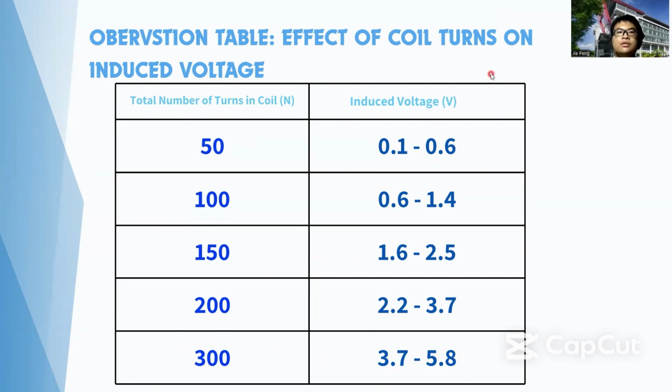This proves Faraday's law of electromagnetic induction, which states that the induced EMF is directly proportional to the rate of change of magnetic flux and the number of turns in the coil. The results confirm that a coil with more turns can generate a higher voltage when exposed to a moving magnetic field, as each loop contributes to the total induced EMF.